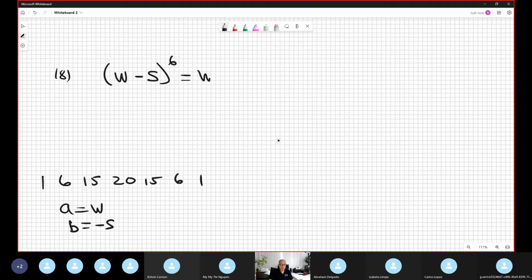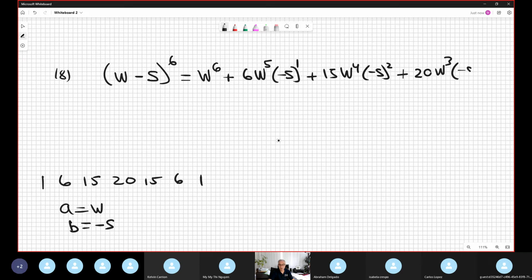That means the sign is completely alternating. Look, W6 plus 6 times W5 minus S to the 1 power plus 15 W4 minus S squared plus 20 W3 minus S to the 3rd power. We continue down.